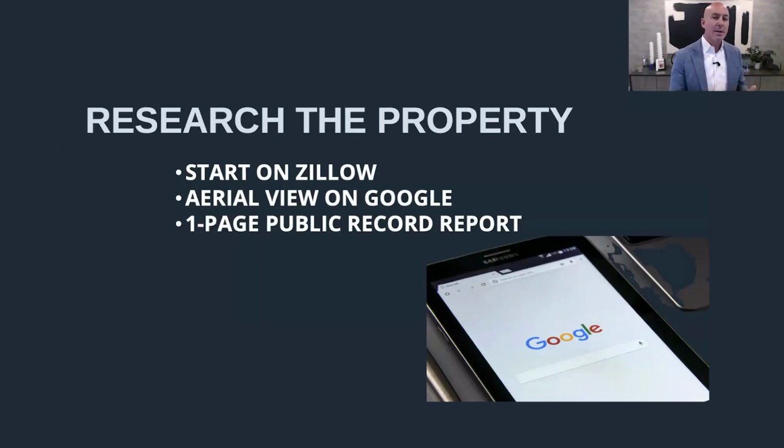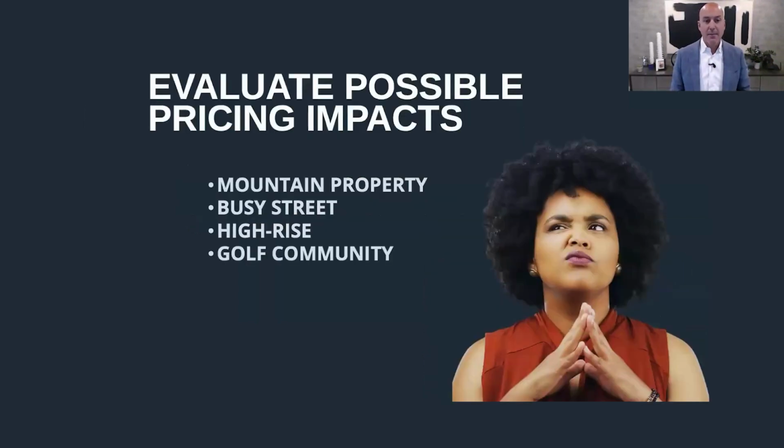You don't want to walk into this listing appointment and get caught off guard. You thought it was 2,000 square feet finished and it happens to be 3,500 square feet finished. That is not what we want to do. So you're going to verify the public record report, run that against the conversation that you've had with the seller, and make any adjustments there to make sure that it's accurate.